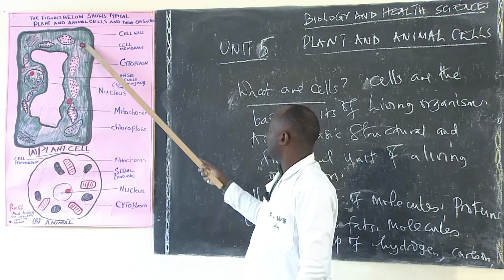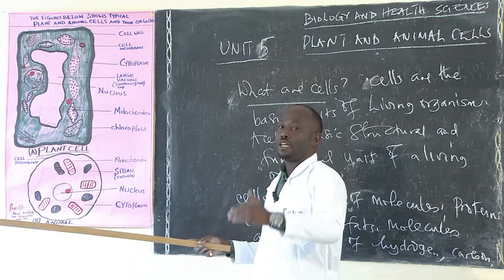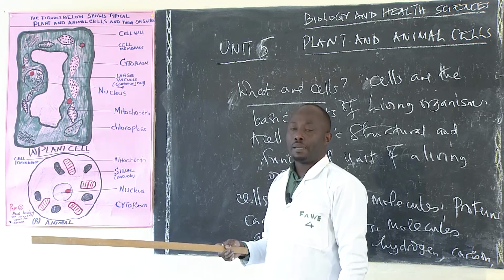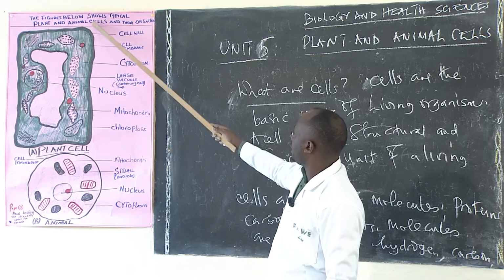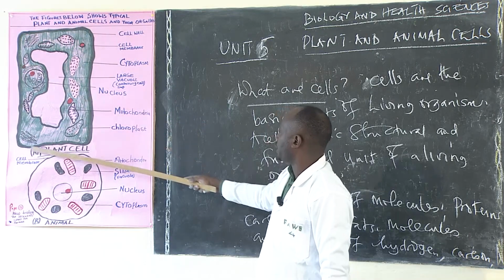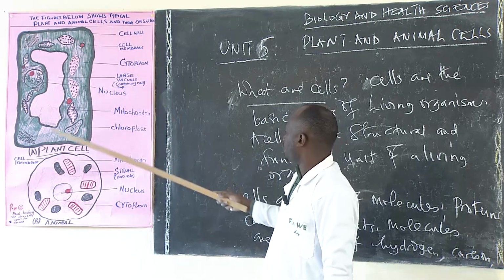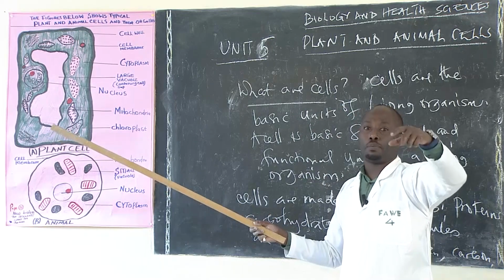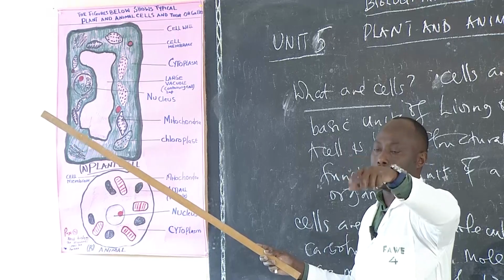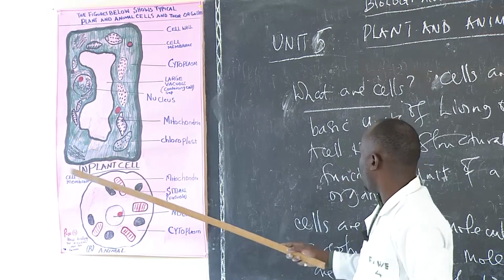Plant and animal cells share some organelles in common, but they have some differences. In terms of shape, the plant cell is regular in shape. But the animal cell is oval-shaped, like a circle, oval-shaped.